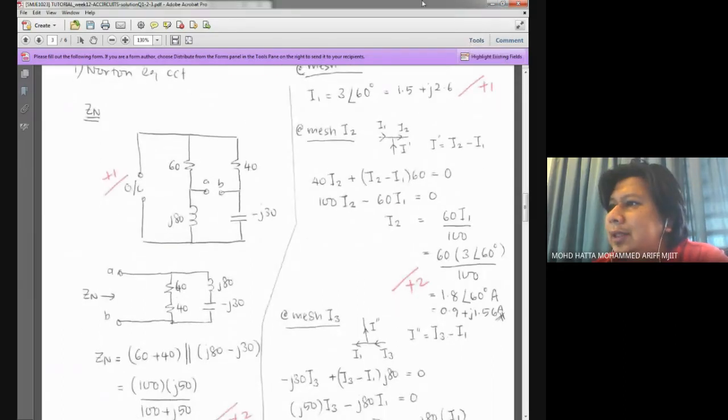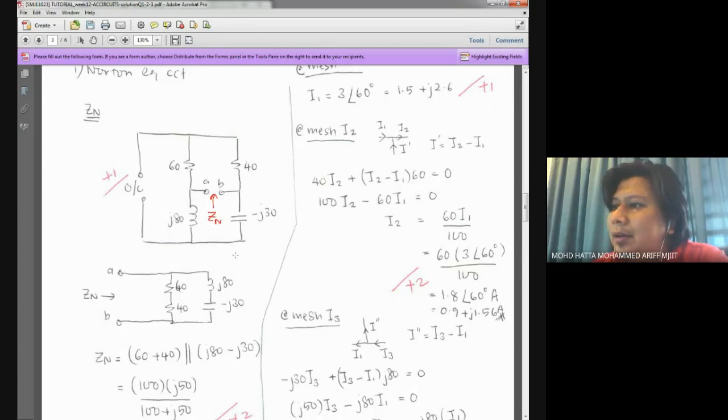For the Norton equivalent circuit, for Zn first, if you look at the question, we have a current source, and in order to calculate the impedance, we need to treat all sources as equal to 0. In this case, we have a current source, meaning that the element over here should be an open circuit. Zn is basically the impedance looking from this direction.